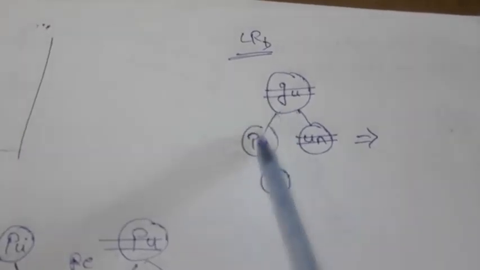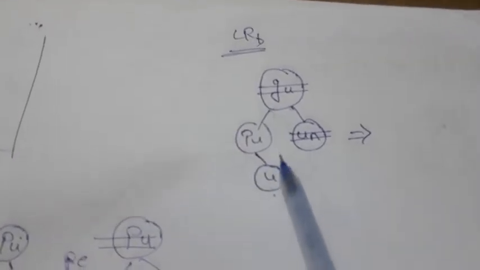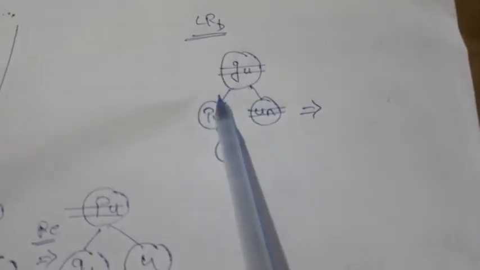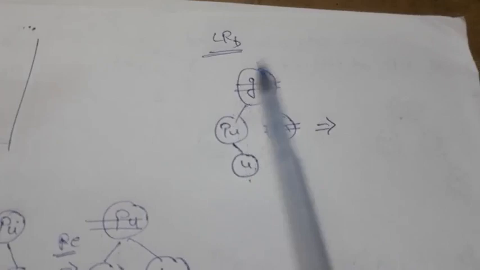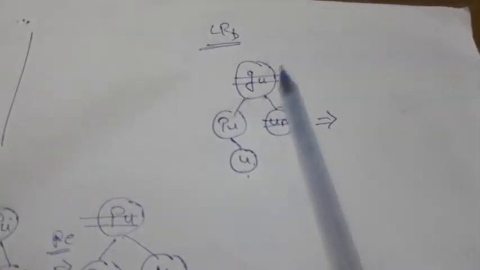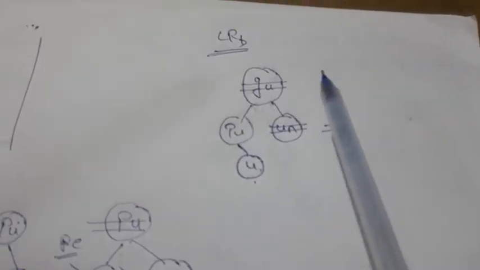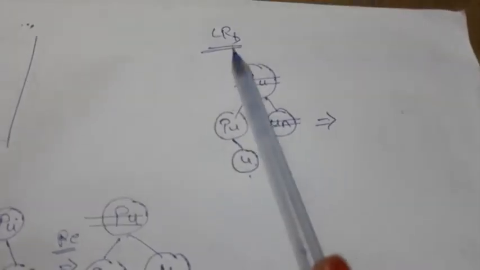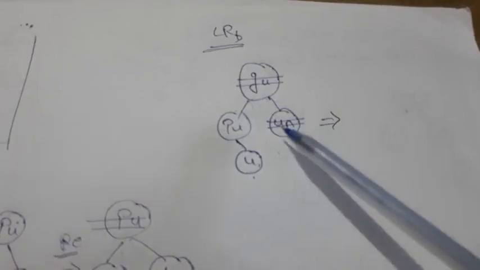So it is a left right rotation. LR and RL are both double rotations. In this case we have to apply two rotations: first RR rotation and then LL rotation, and then we recolor. First we apply the RR rotation.